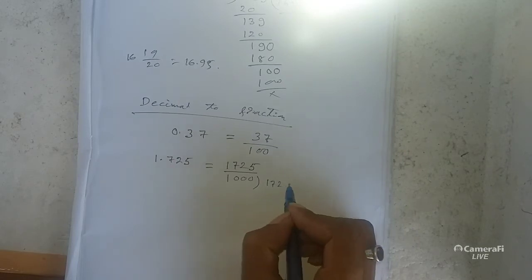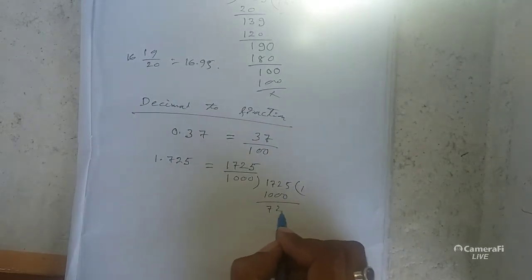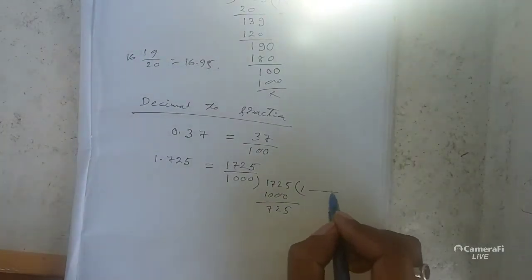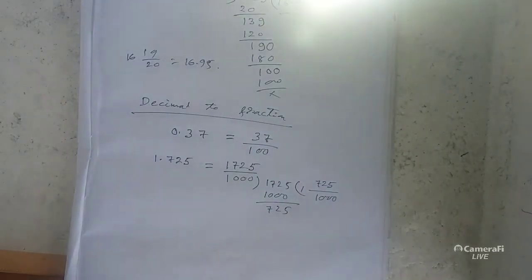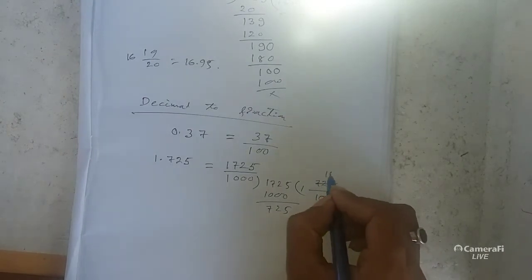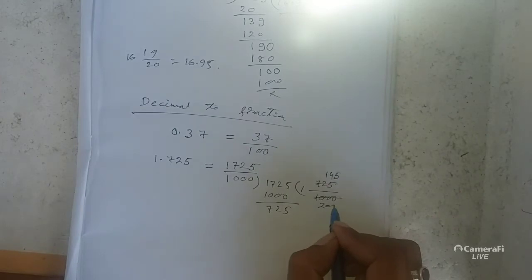1000 ones are 1000, remainder 725. So it becomes 1 whole 725 by 1000. It can be more simplified by dividing it by 5. 5 times 145 is 725, 5 times 200 is 1000.